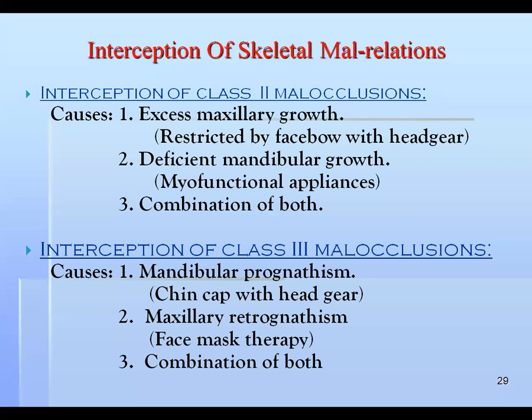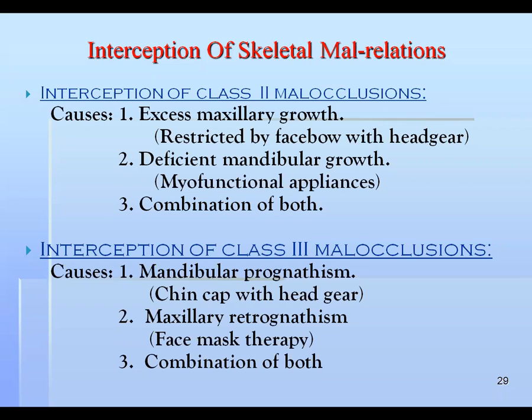Then interception of class 3 malocclusion. When class 3 malocclusion is due to mandibular prognathism, a chin cup with headgear can be beneficial in order to reduce the severity of class 3 malocclusion or bring it to class 1.